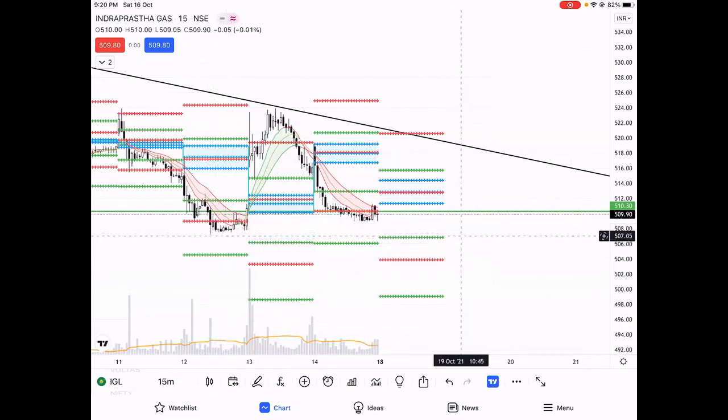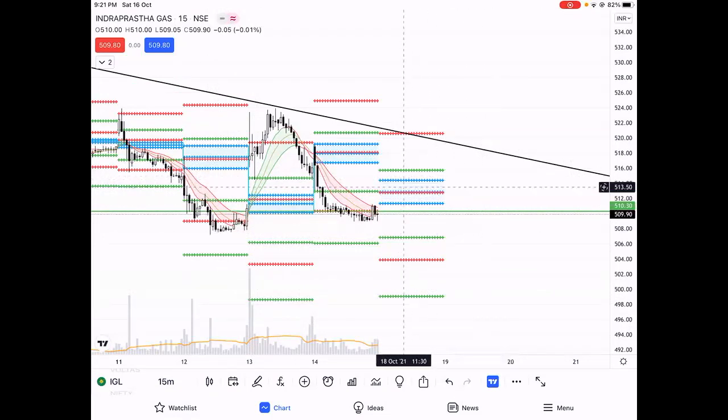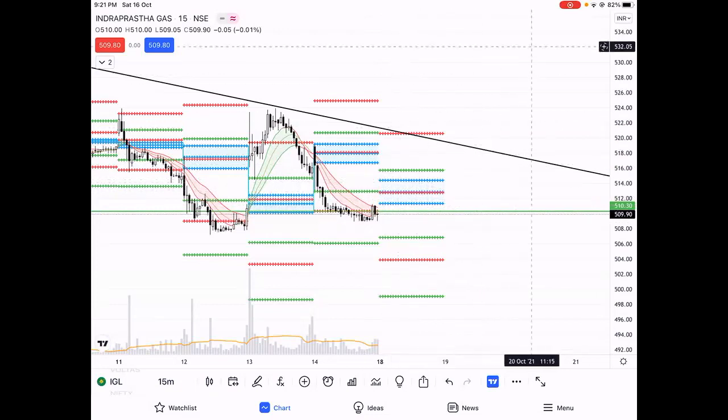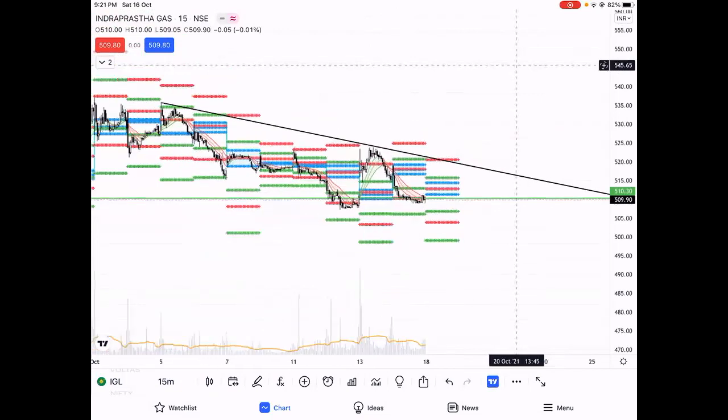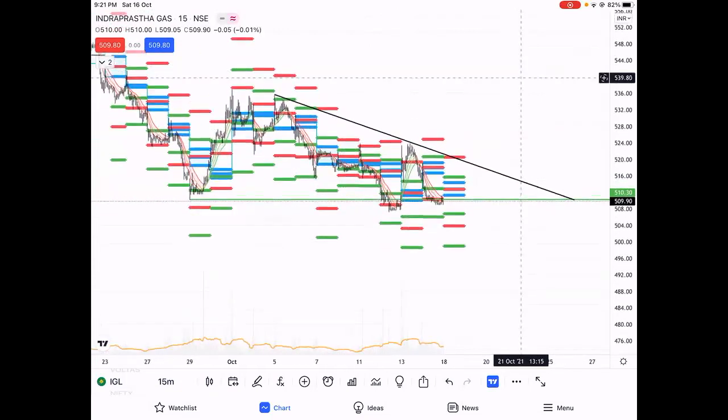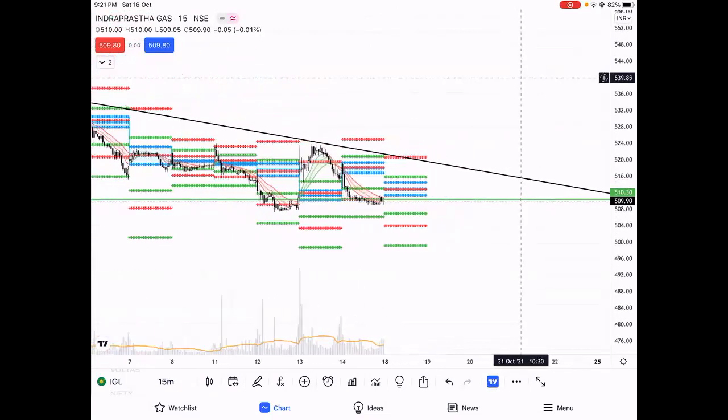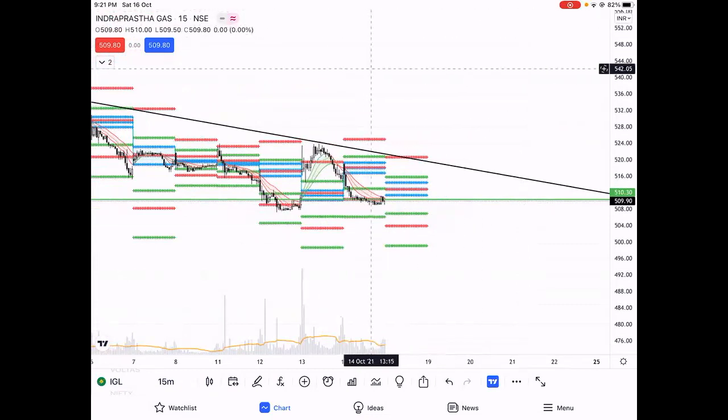So you can see why L3 is important for Monday, and even H3 or BC is important for Monday, correct? If it breaks this, it might open gap up, go here, break this thing, and you can see it would be a complete trend reversal, correct? But up till now, we cannot consider it a trend reversal because it has not crossed PEMA.